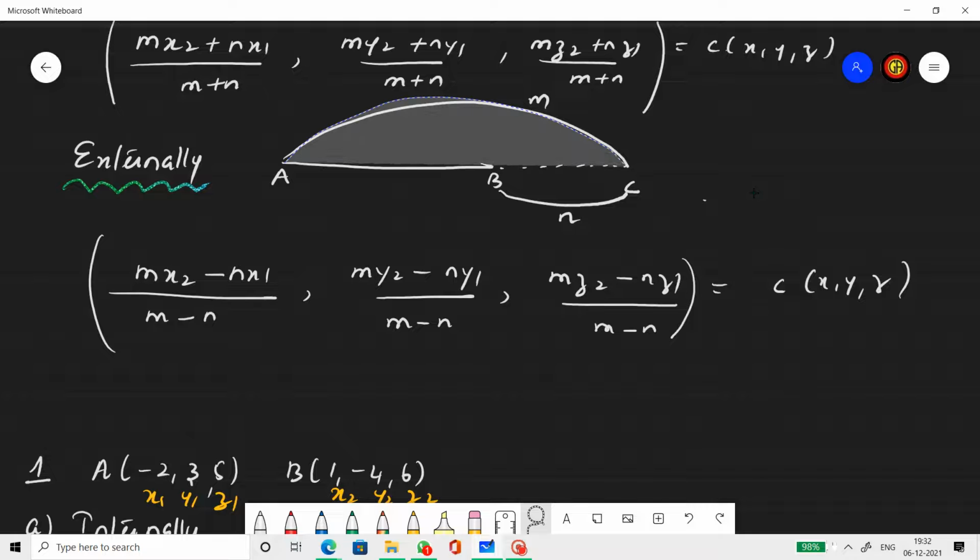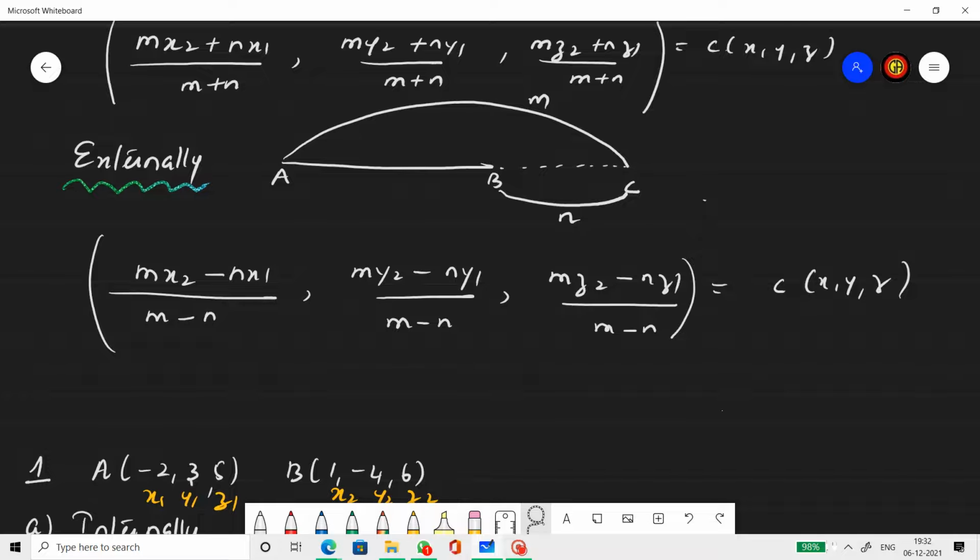Now, the internal formula had plus in the numerator as well as in the denominator, whereas in the external formula we have minus in the numerator and the denominator. So it is (m times x2 minus n times x1) by (m minus n), (m times y2 minus n times y1) by (m minus n), (m times z2 minus n times z1) by (m minus n), in order to find the coordinate which divides a line segment in a given ratio externally.